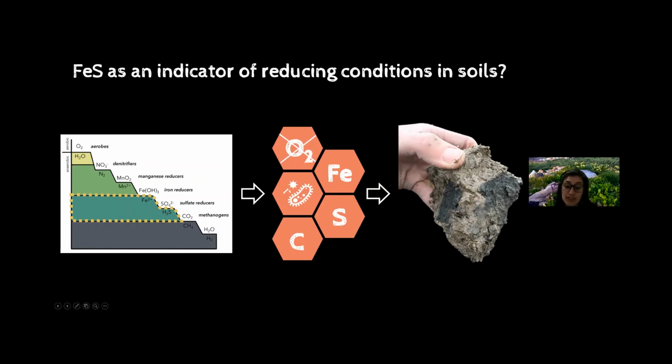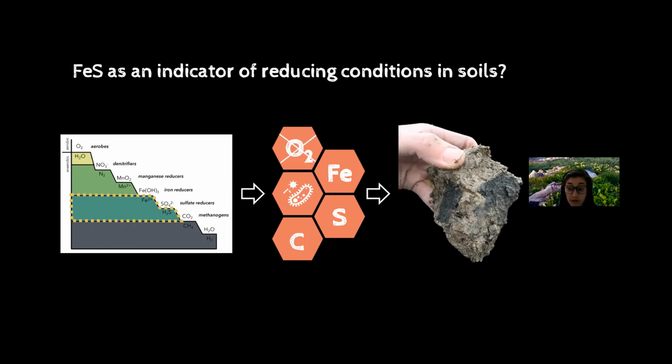In order for these to form in the soil, you need anaerobic conditions present, sulfate-reducing bacteria, a carbon source for those microbial communities, as well as an iron and sulfur source, resulting in what you see here, which are these black formations.